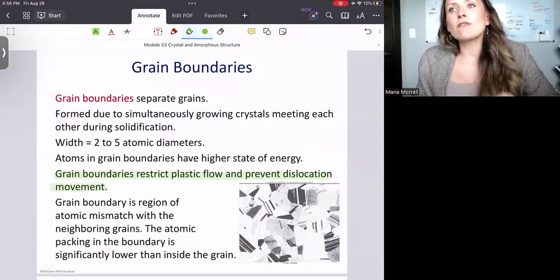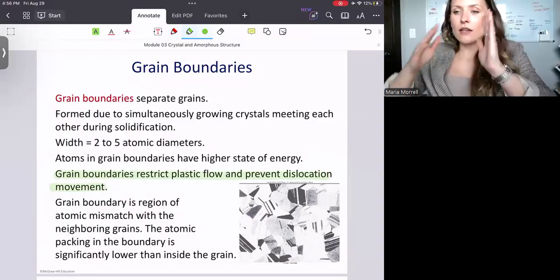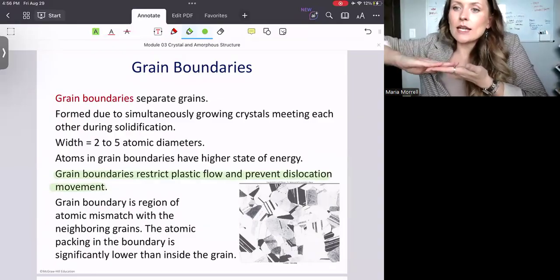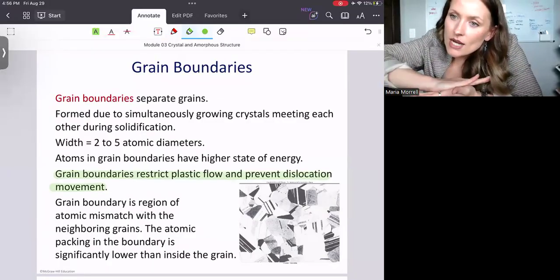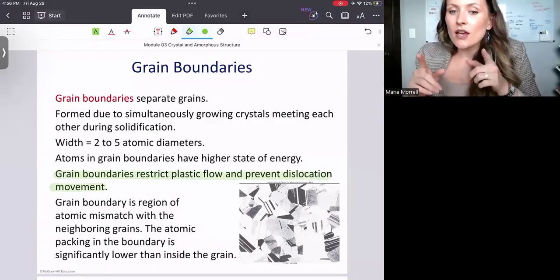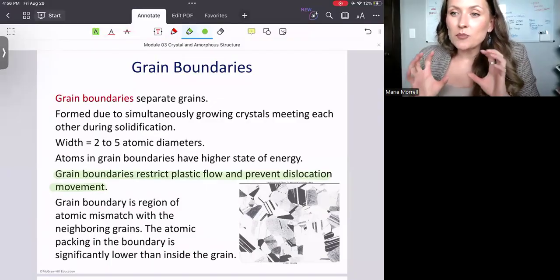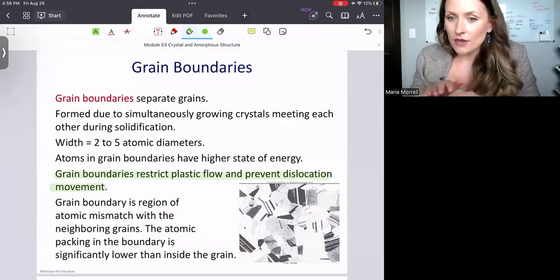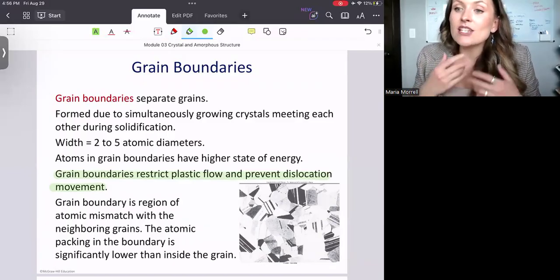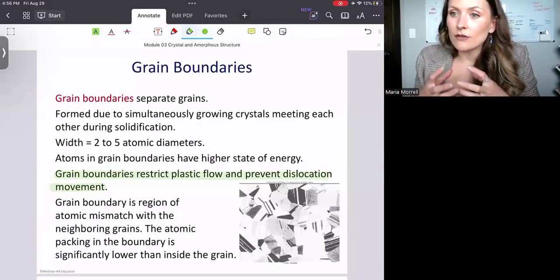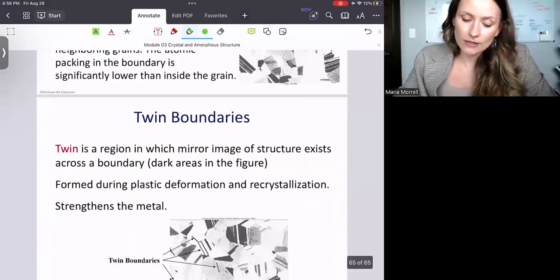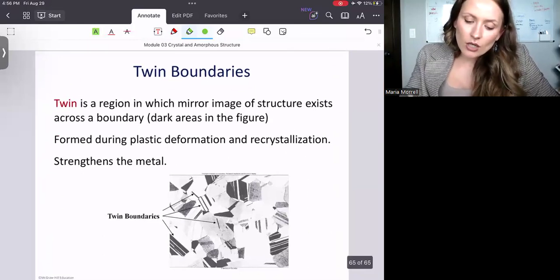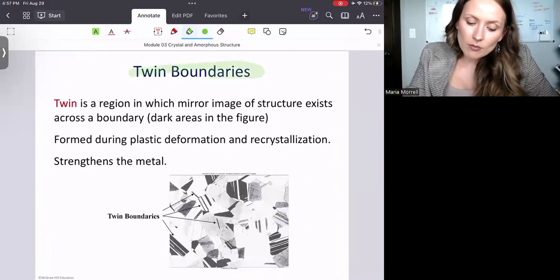So if I'm applying a shear stress, so I'm trying to squeeze one plane with respect to the other, these grain boundaries impede that plastic flow. In a sense, they strengthen the material. They prevent the flow, meaning that your material can withstand a significantly higher shear stress.